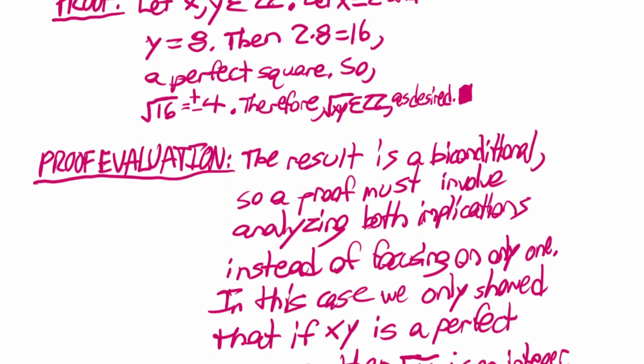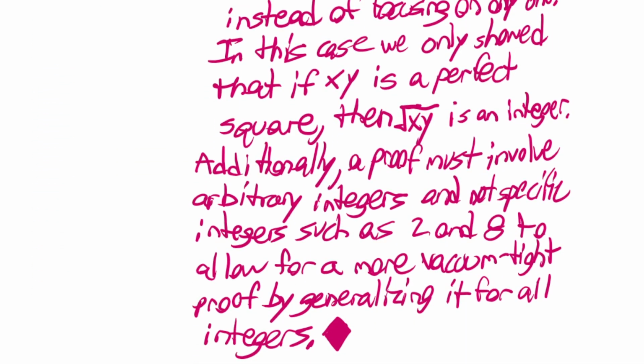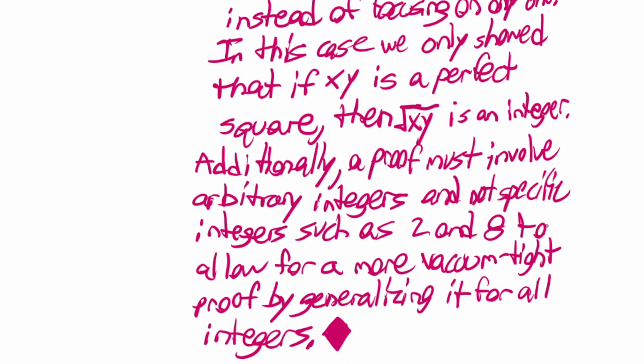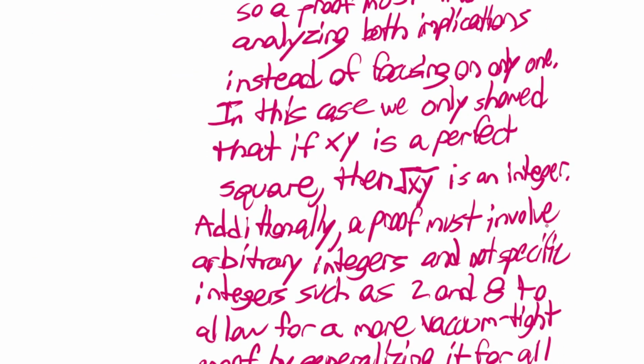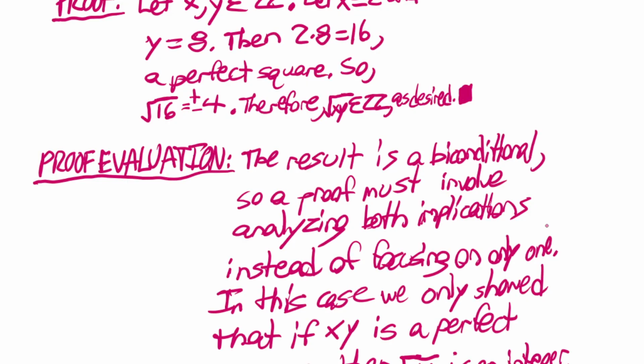So since we only looked at one, this proof is not a valid proof. And also we used integers 2 and 8 instead of using arbitrary integers, so therefore we can't generalize it for all the integers that we are given to show that this biconditional is true. So those are some mistakes for this proof, and that's pretty much all you do for a proof evaluation.